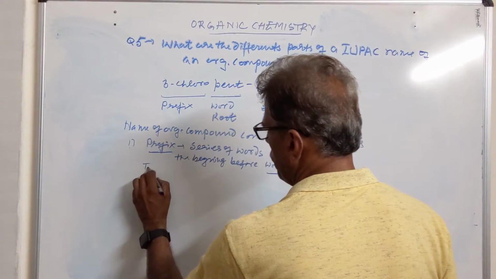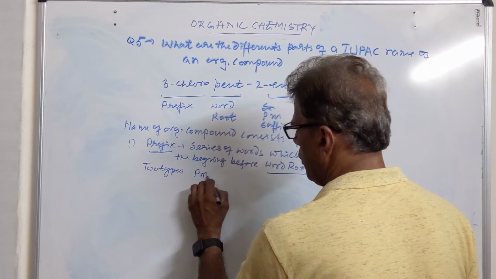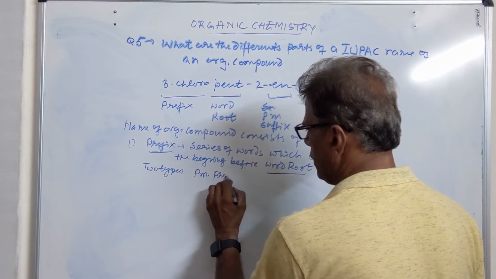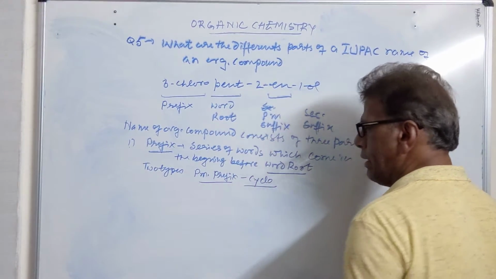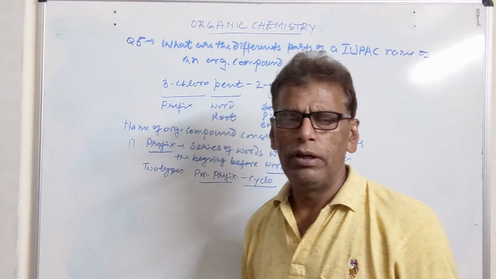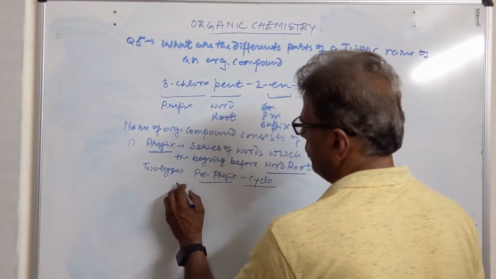There are two types. Primary prefix is cyclo. If there is a cycle of carbon atoms not having benzene ring, then cyclo is used.